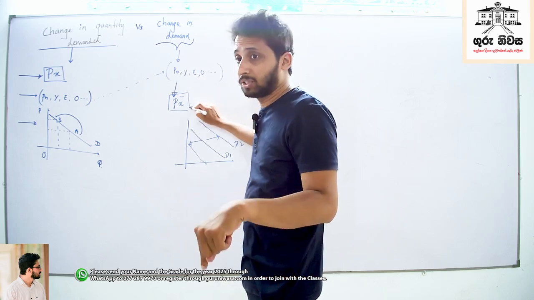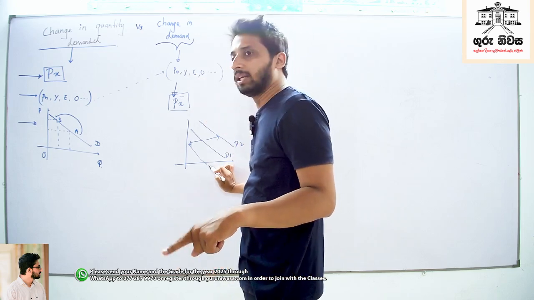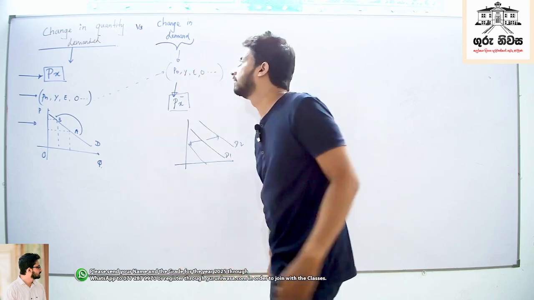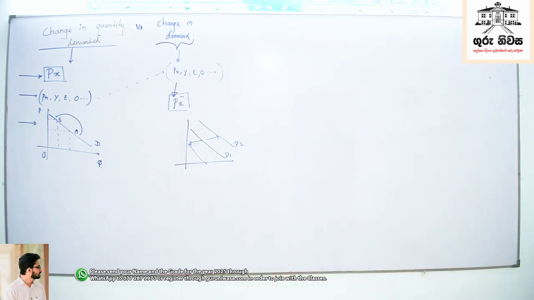Here, price remains constant. Here, the demand curve shifts either to the left side or right side. These are only the main differences between these two. Any doubt? No doubt, sir.